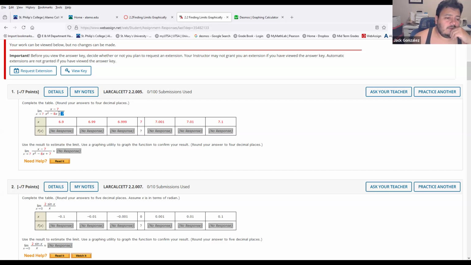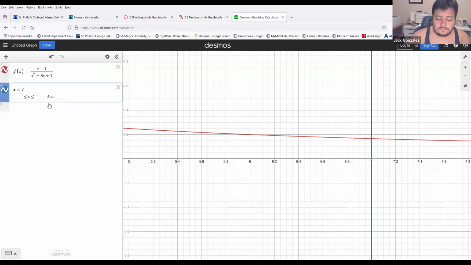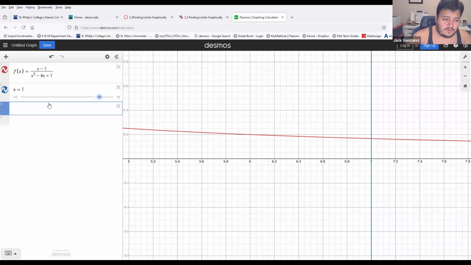So if you're going to do it in your calculator, let me get my graphing calculator, or I guess I could do it here. If you had an old calculator, put parentheses for the top.